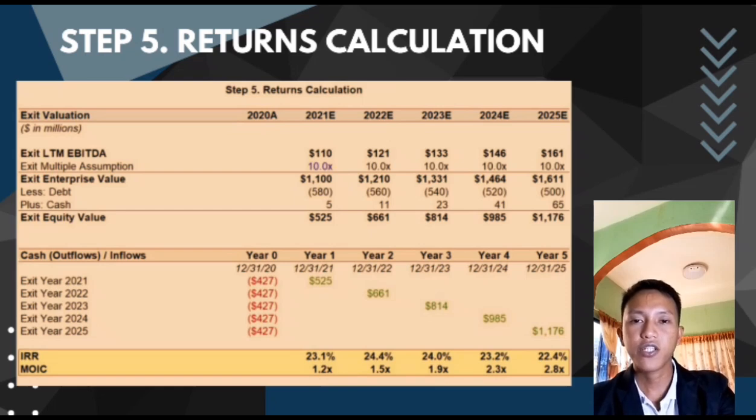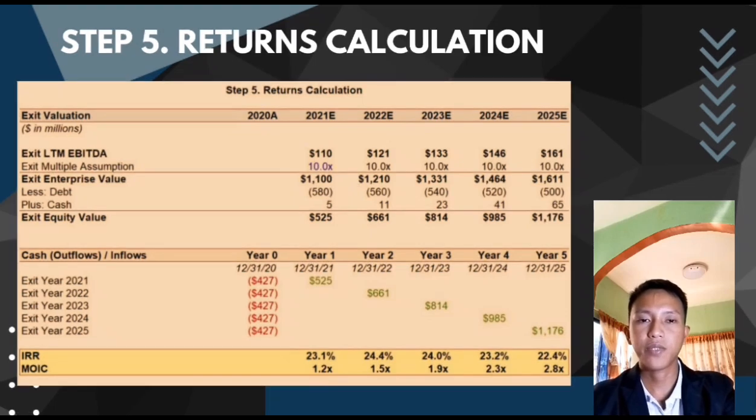The initial equity contribution by the financial sponsor needs to be inputted as a negative, since the investment is an outflow of cash. In contrast, all cash inflows are inputted as positive, but in this case, the only inflow will be the proceeds received from the exit of Company X.